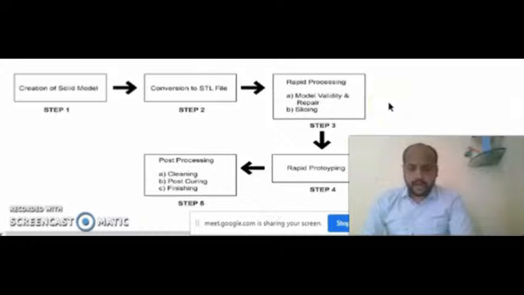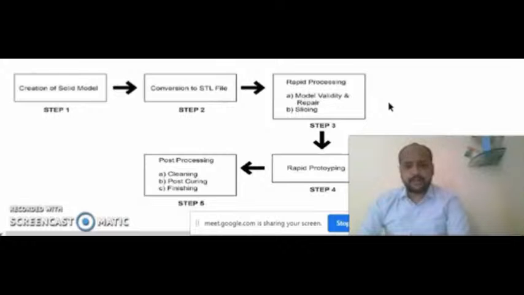Actually, rapid prototyping nowadays is also considered in computer aided design, and also in computer aided manufacturing. So in computer aided design, rapidly a scaled model of a physical part is generated.